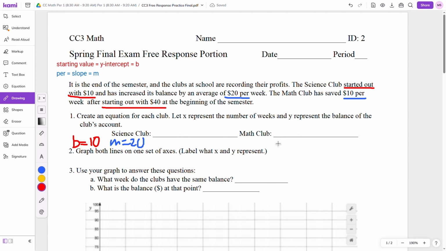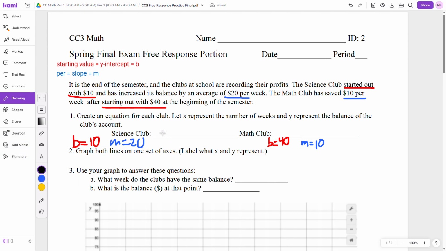And then for the math club, they start out with 40, and they have $10 per week. And notice, please, that the per is the slope.